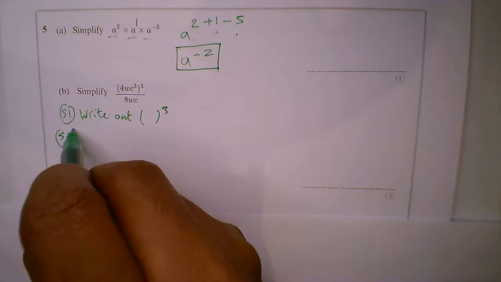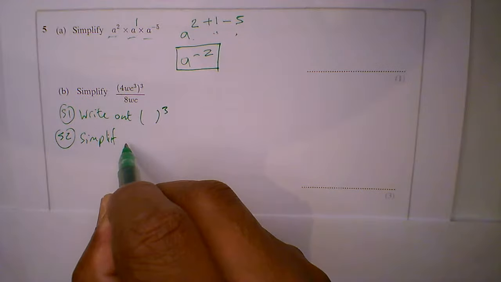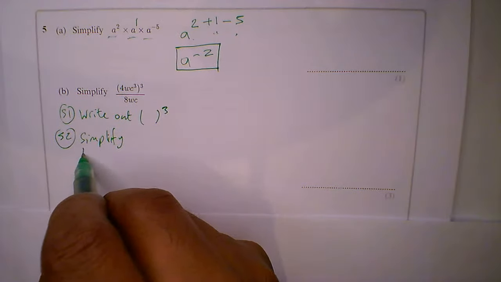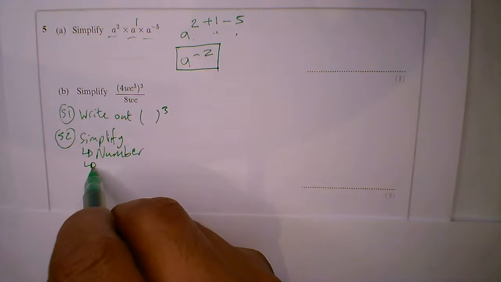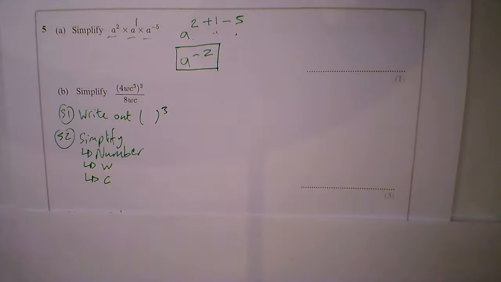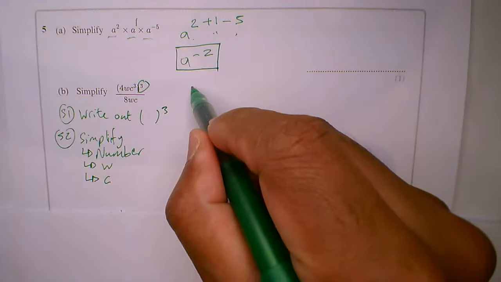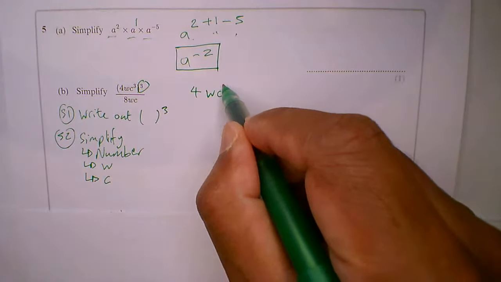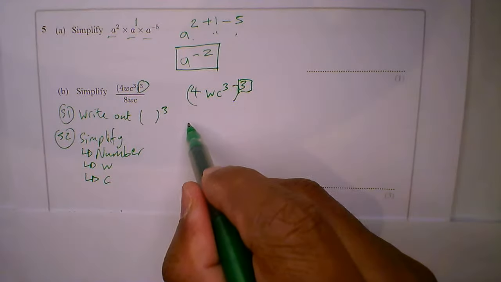Step 2, I'm going to simplify. We look at the numbers, we look at w, and we look at c. We have to look at everything here. So because of the 3, (4wc cubed) means we're going to write this out 3 times.